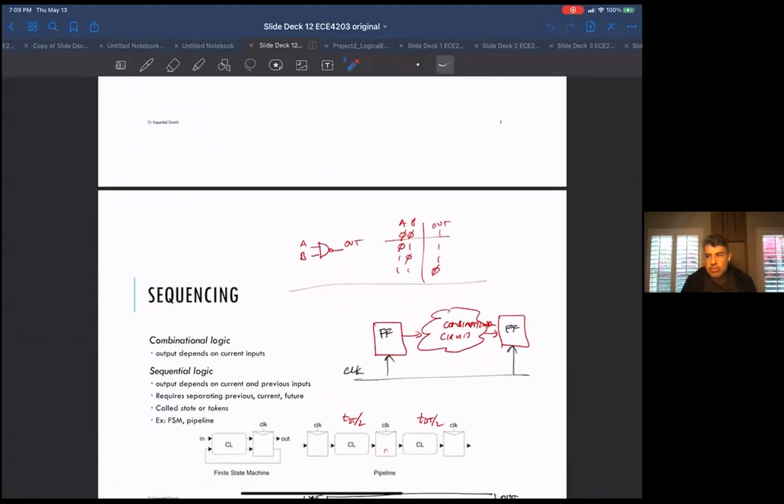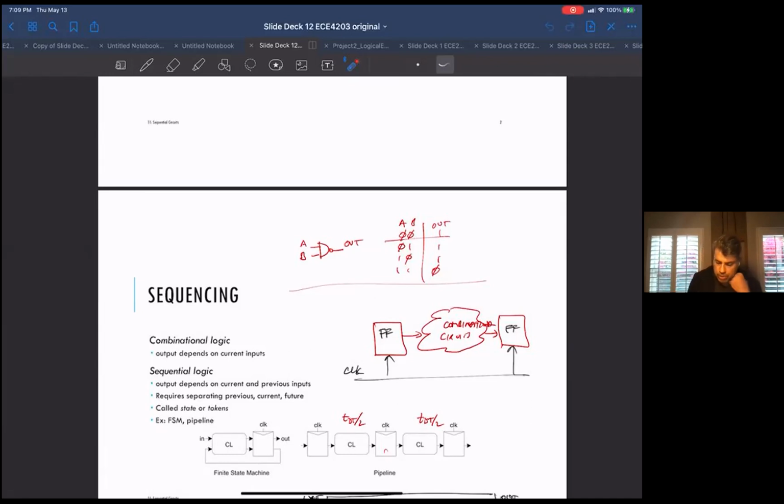They have no idea about what happened before them or what's going to happen after them. Whatever input is sitting at their inputs now leads to outputs. So they're very zen, very in the now. That's all they care about.